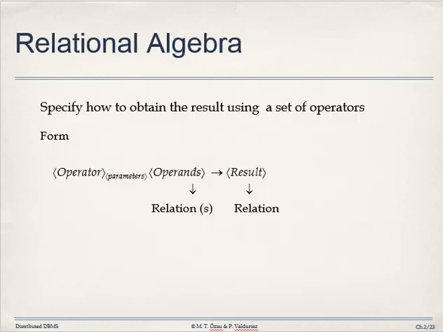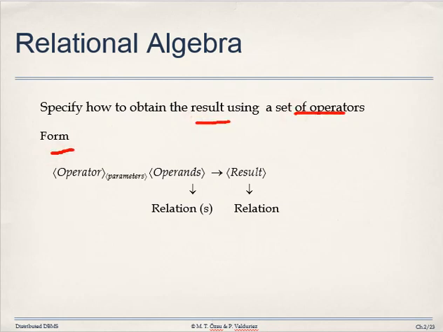Now the next topic is relational algebra. You have already studied relational algebra in the database management system, but here we have to study some old concepts that we have already studied. So what is relational algebra and what is its functionality? It specifies how to obtain the result using a set of operators.